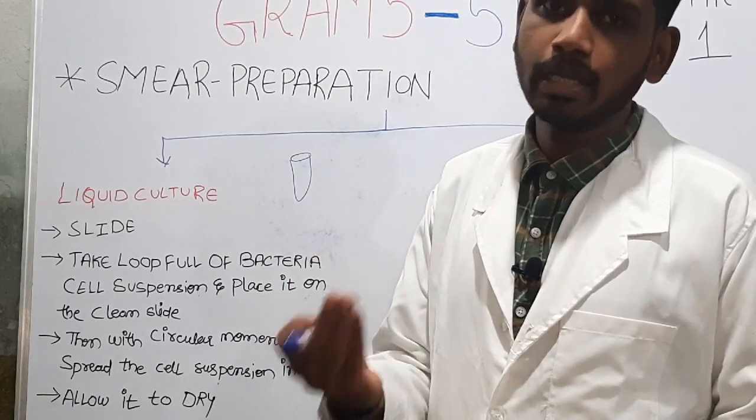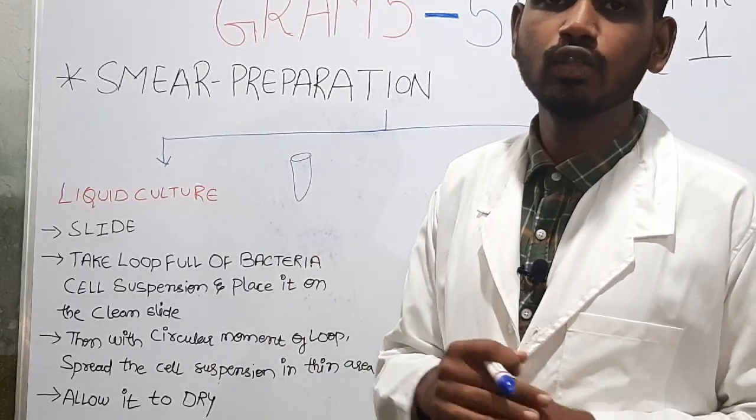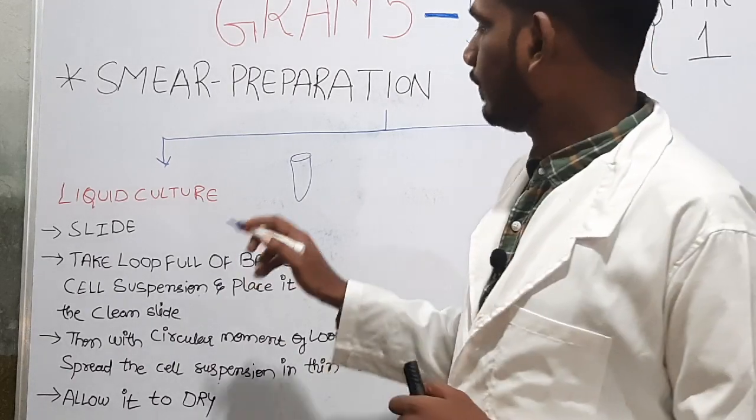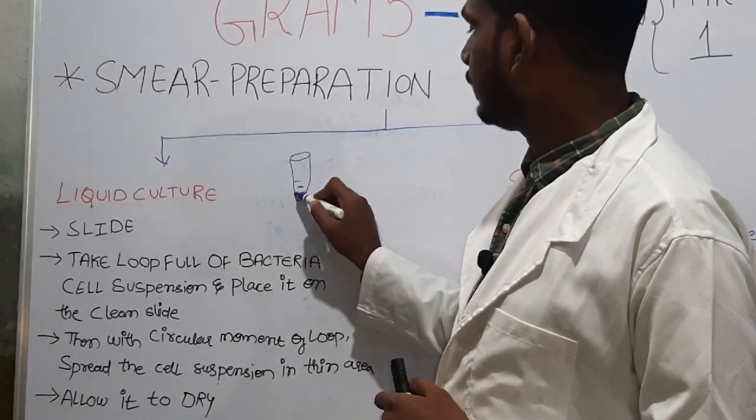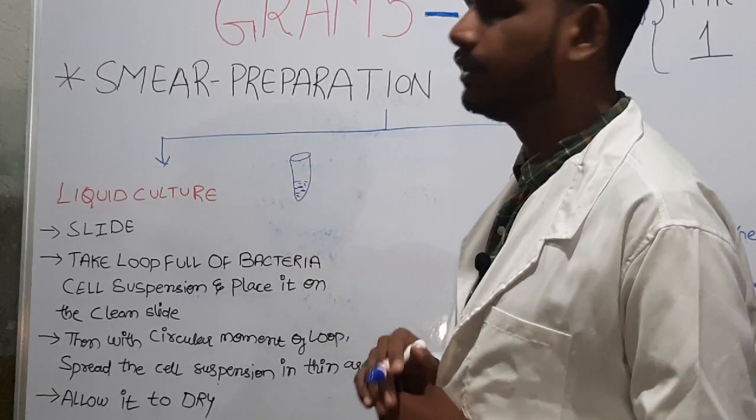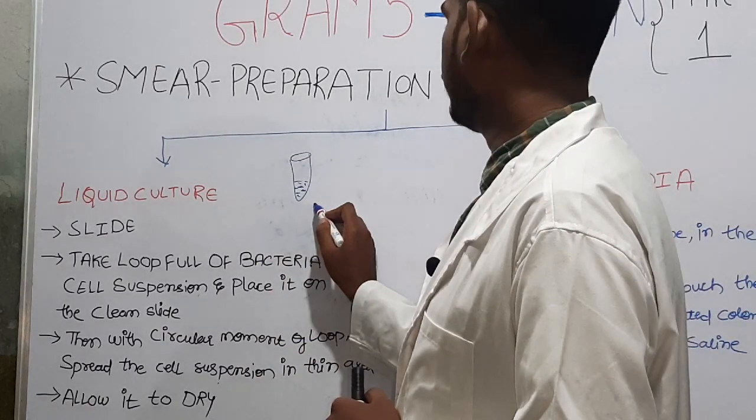What the author is saying is that first we take the culture bottle or container from where the material is taken. From that bacterial cell suspension, take a clean glass slide.